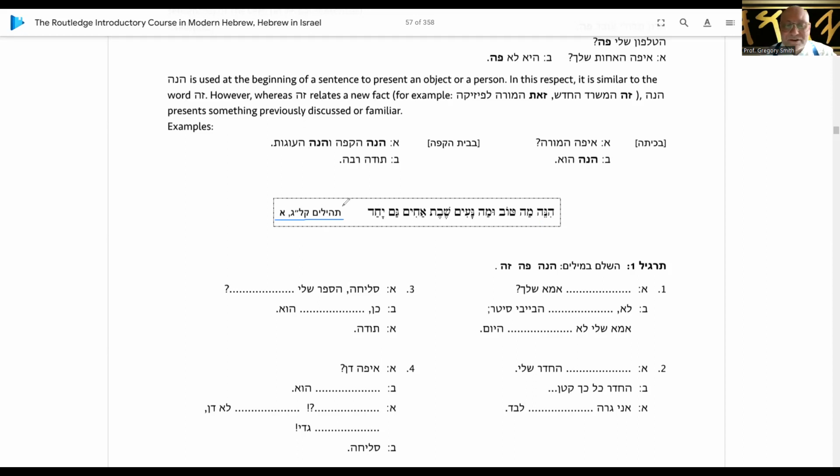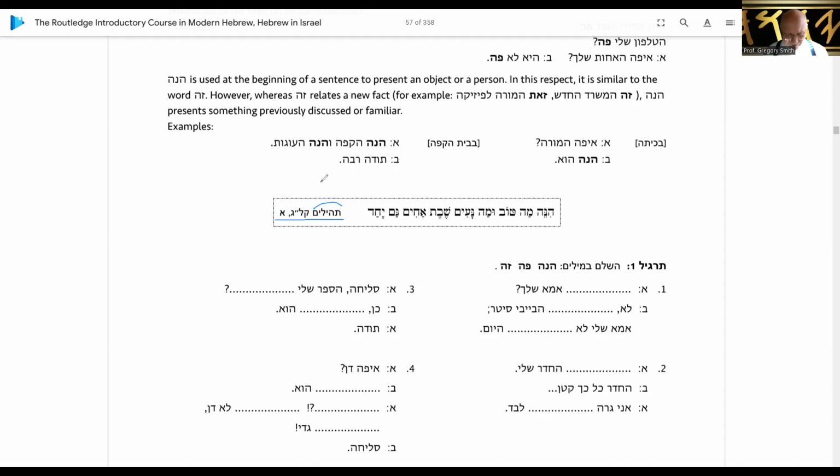This is where this is found in the Bible. And it's, behold how good and pleasant it is for brothers to dwell together. Let's take a look at this. Okay, that's in Psalms 133.